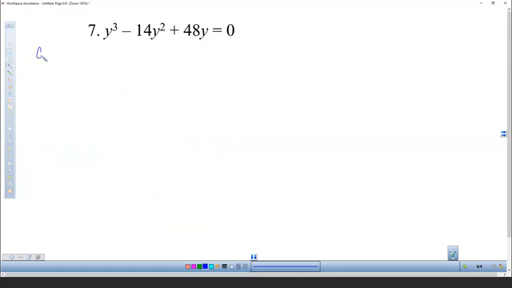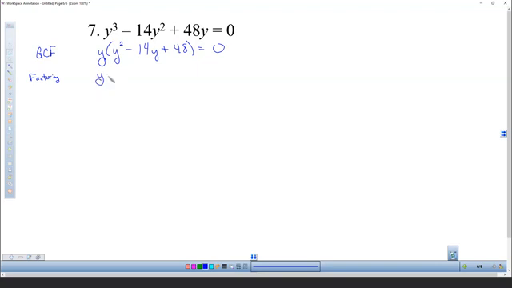So I am going to factor by starting off with the greatest common factor of y. And so I have a y, and then that's going to leave me with y squared minus 14y plus 48 is equal to 0. And so now I can continue factoring, okay? So continue factoring this. Do not lose this y because it's incredibly important.